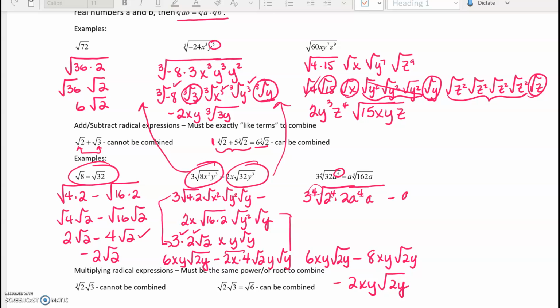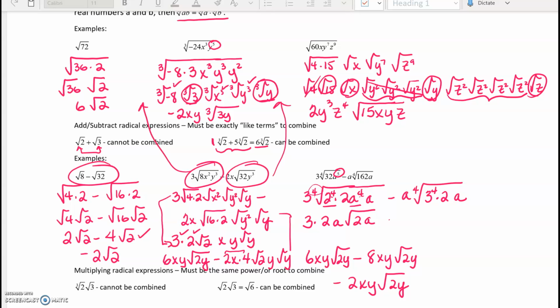And then minus a times, oh wow, fourth root of 162. I think I have on there that 3 to the fourth is 81. So that's going to be 3 to the fourth, there's our 81, times 2 is our 162, with an a underneath. So I have 3 times 2 times a when I bring those out from under the radical, and then what's left is the 2 and the a.